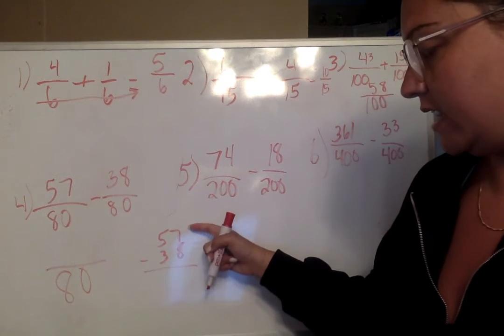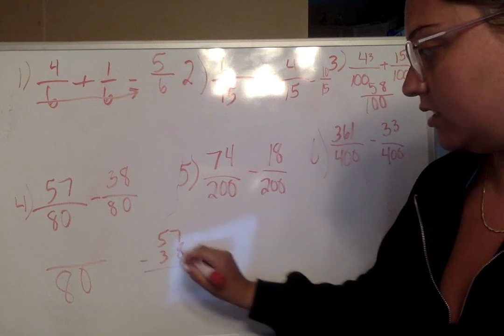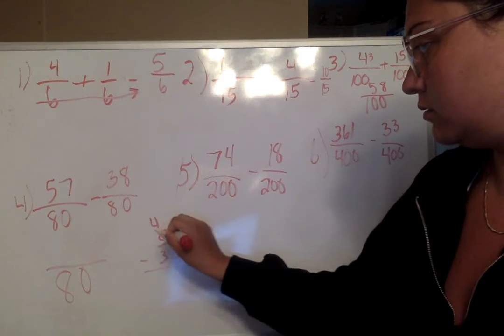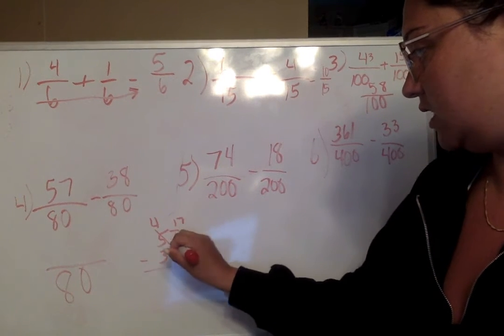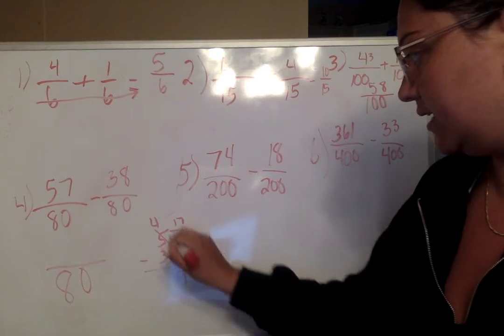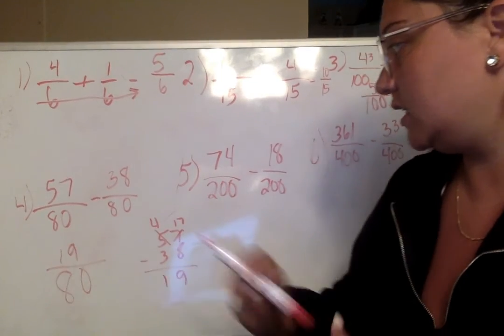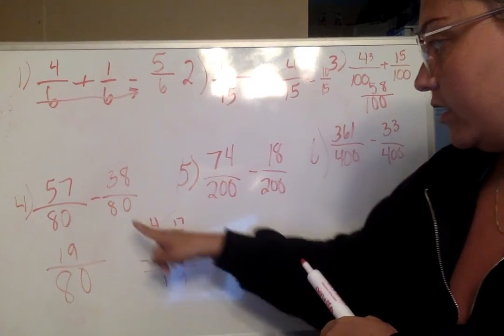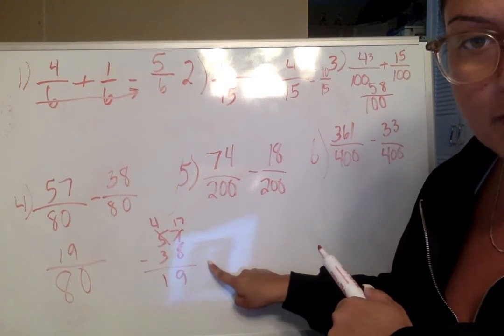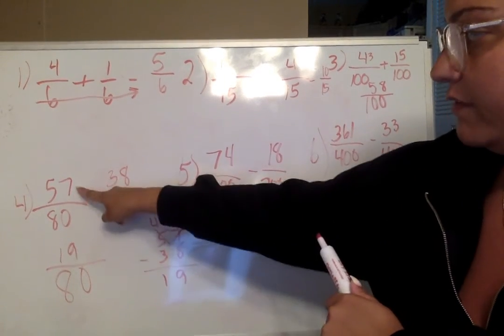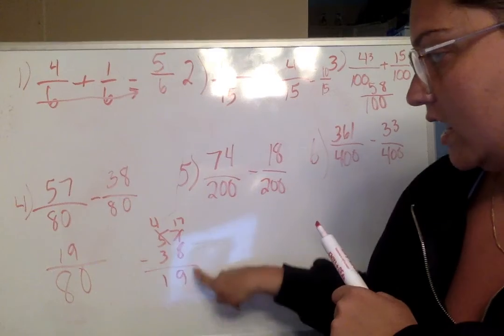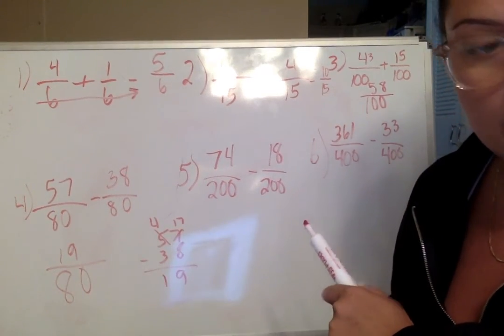I can't take 8 from 7, so I need to borrow. This becomes a 17, minus 8 is 9, 4 minus 3 is 1, so you should have 19/80ths for your first answer. I got 19, and I just moved it over.